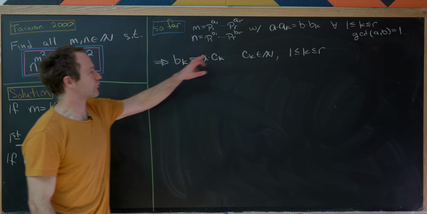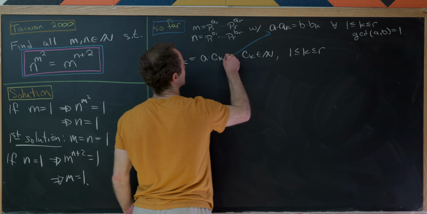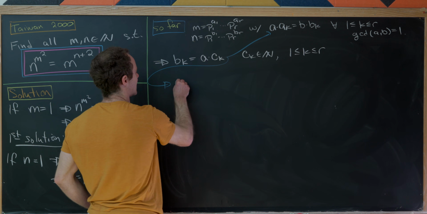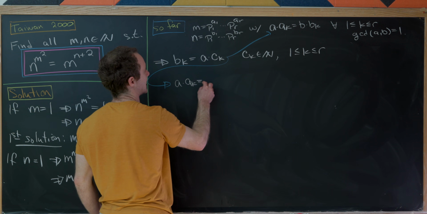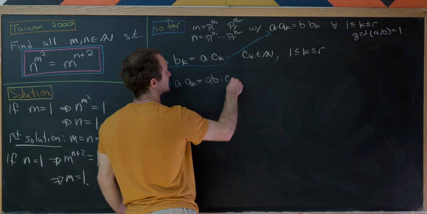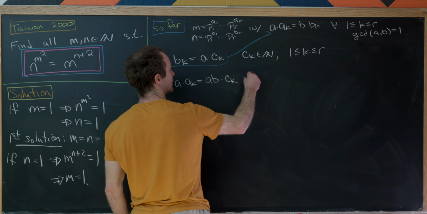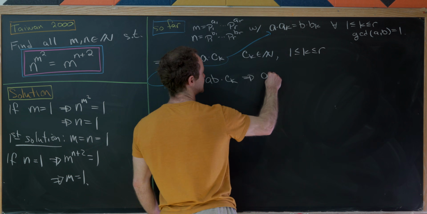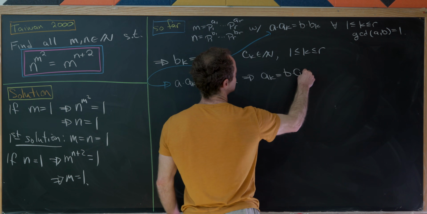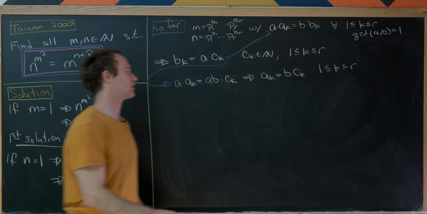But now we can thread this back into our original equation. Well, maybe not our original equation, but that equation that we have up here. And we'll have a times ak is equal to, let's see, a times b times ck. Okay, and then we can cancel the a's from both sides of the equation, and we see that ak is equal to b times ck. And this is true for all k between 1 and r.